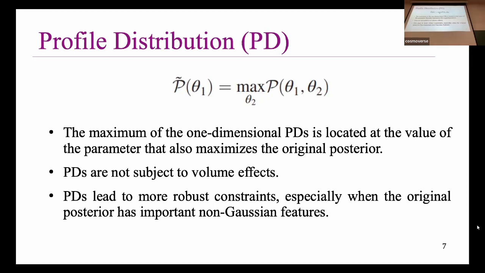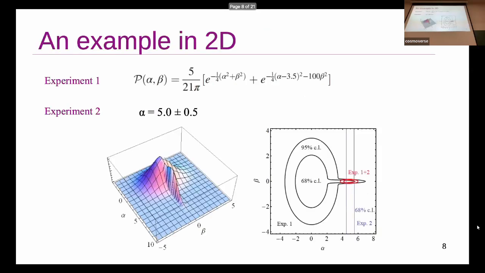The profile distributions are not subject to volume effects, obviously, since we are not performing an integral. And these objects lead to more robust constraints, especially when the original posterior has important non-Gaussian features. When we are dealing with an exactly Gaussian distribution, the profile distribution and the marginalized posterior coincide. But there might be differences if non-Gaussianities are important.